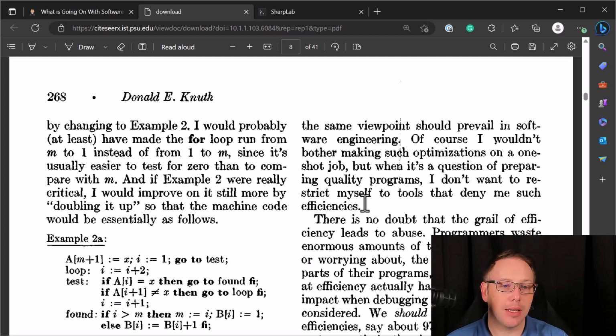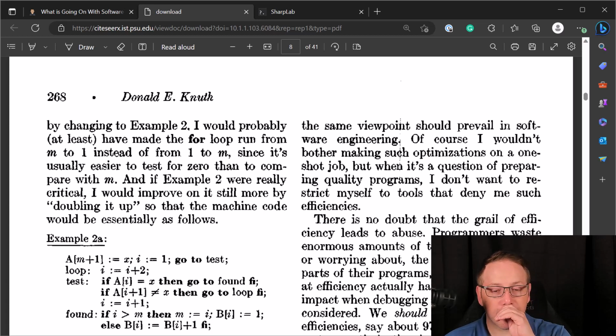And there is no doubt that the grail of efficiency leads to abuse. Programmers waste enormous amounts of time thinking about or worrying about the speed of non-critical parts of their programs, and these attempts at efficiency actually have strong negative impact when debugging and maintenance are considered.